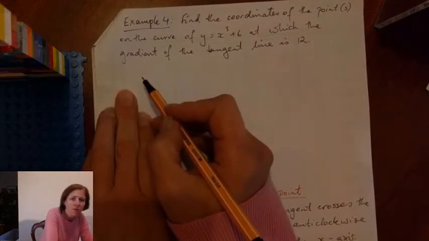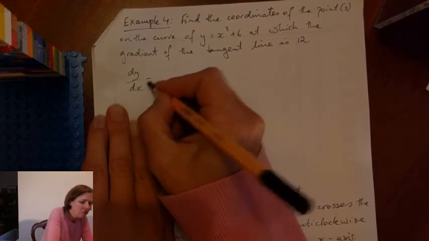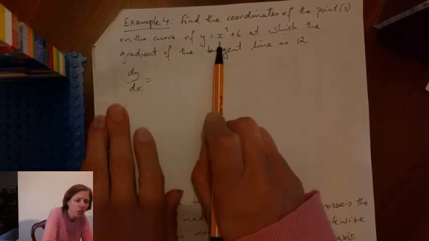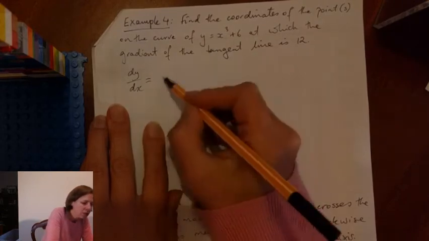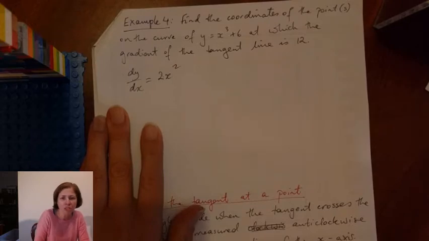So I'm dealing with gradient, I'm going to need to find the derivative. dy dx of this equation, y equals x cubed plus 6, is going to be 3x squared. It's definitely 3. And I know that the derivative is 12.